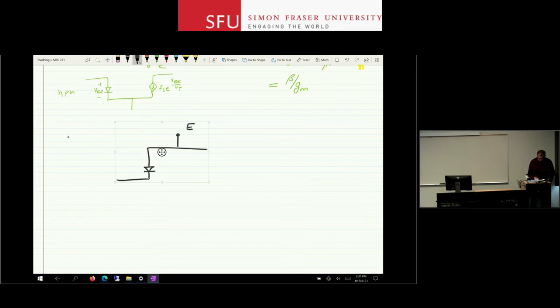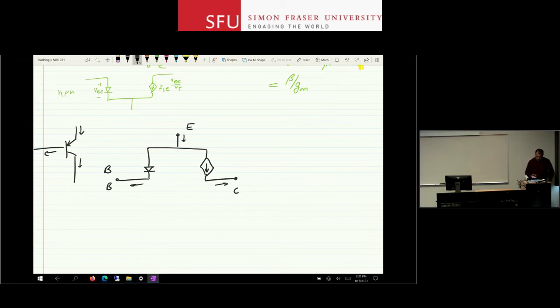This is your PNP device. So emitter at the top, base here, and a controlled current source over here. So this is your collector, base, emitter, IE goes in, IB comes out, IC comes out, right?